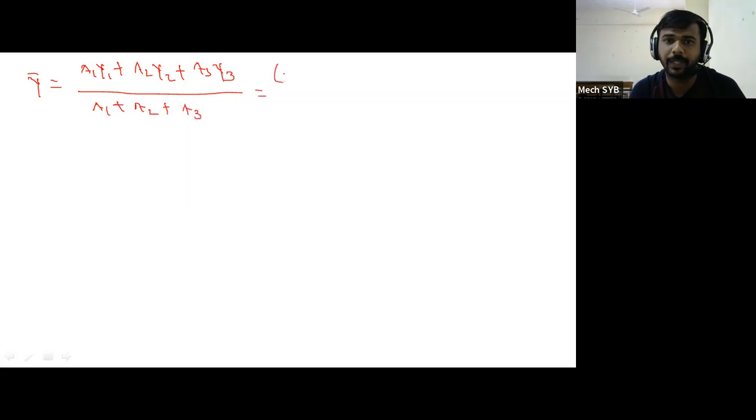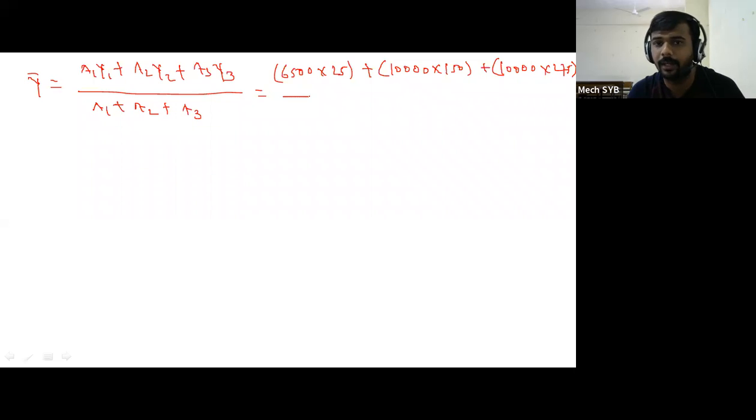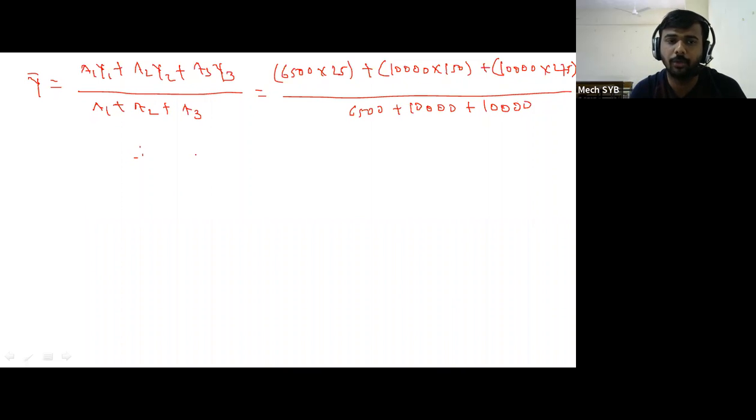So one by one, A1 is equal to 6,500 into 25 plus A2 10,000 into 150 plus A3 10,000 into Y3 means 275 we have calculated, and divided by A1 means 6,500 plus 10,000 plus A3 also 10,000. So your Y bar is equal to.